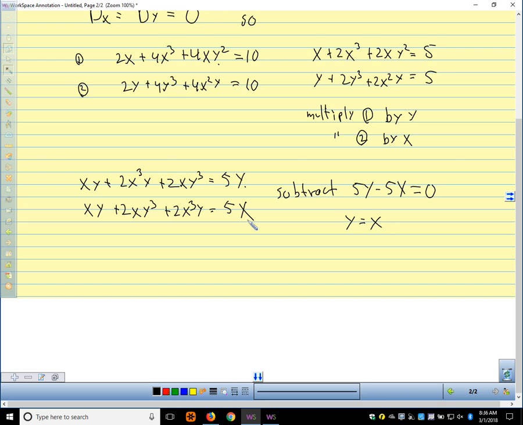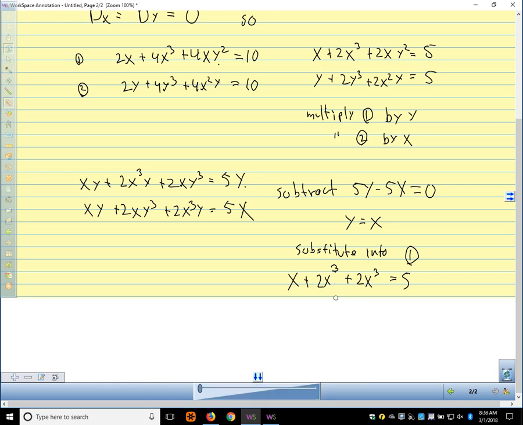Substitute into one or the other of the equations. I substituted into 1. And I get x plus 2x cubed, this should be a 2x cubed, plus 2x cubed equals 5.